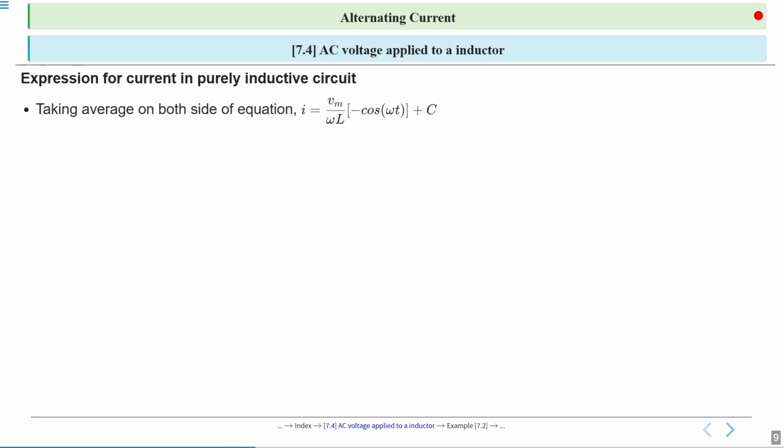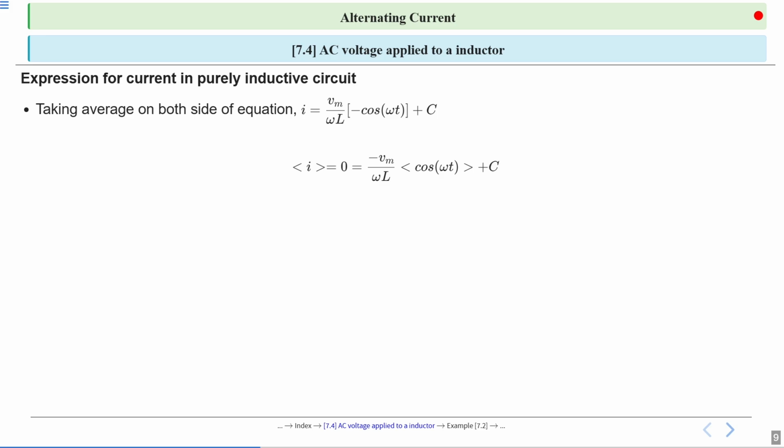So taking the average on both sides of the equation I equals Vm upon omega L minus cos omega t plus C, the average of I is 0 due to the symmetry of the current about 0.